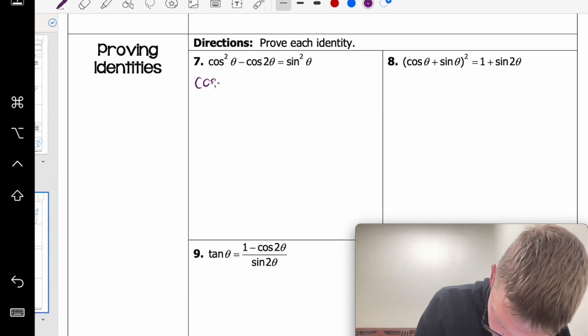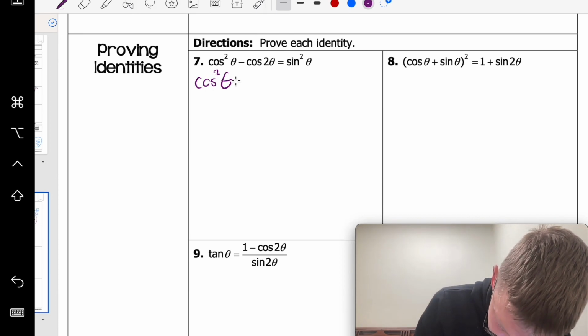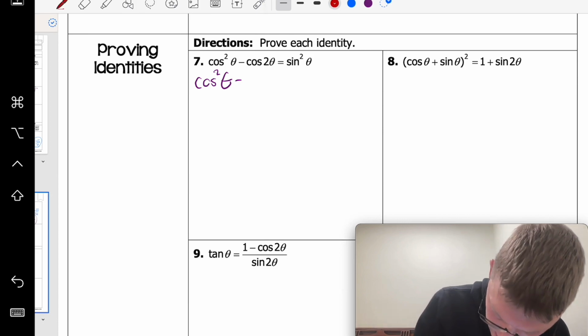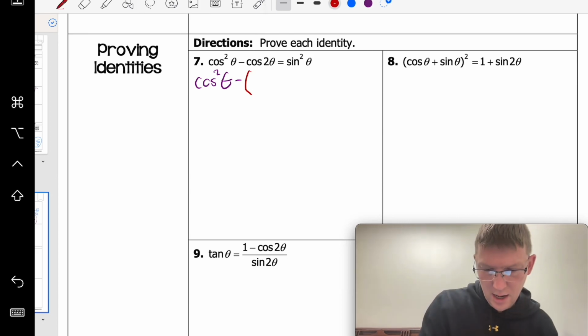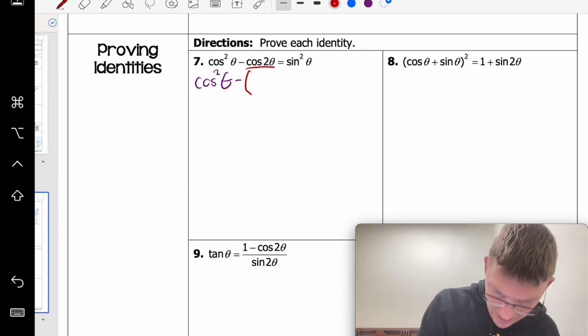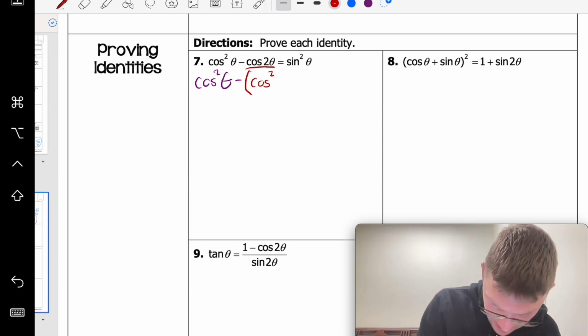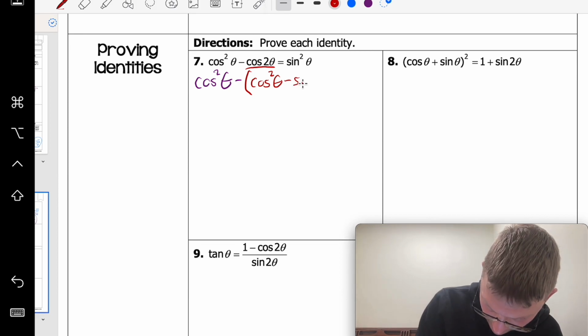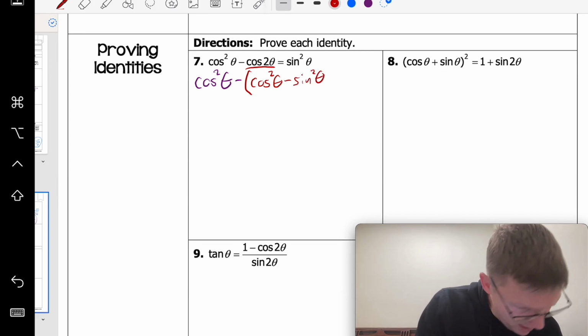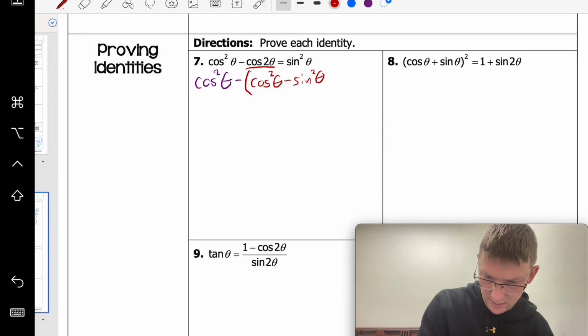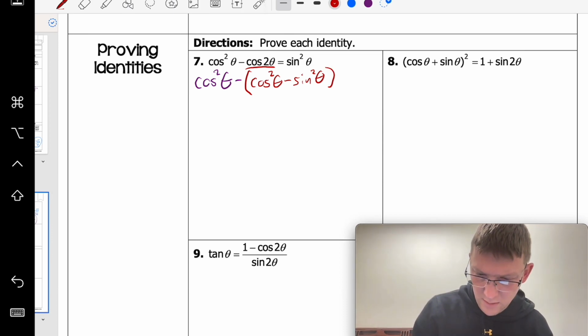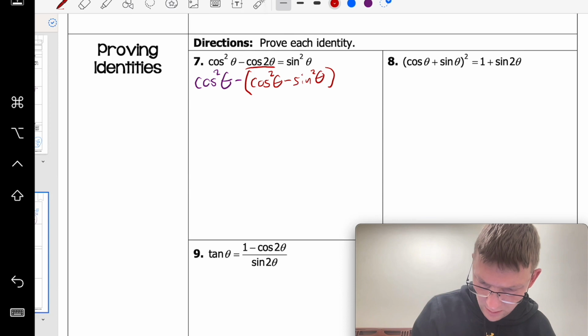So this cosine squared stays. And we're going to change our cosine 2 theta into cosine squared of theta minus sine squared of theta using one of our double angle identities. So then from there, we'll go to blue.